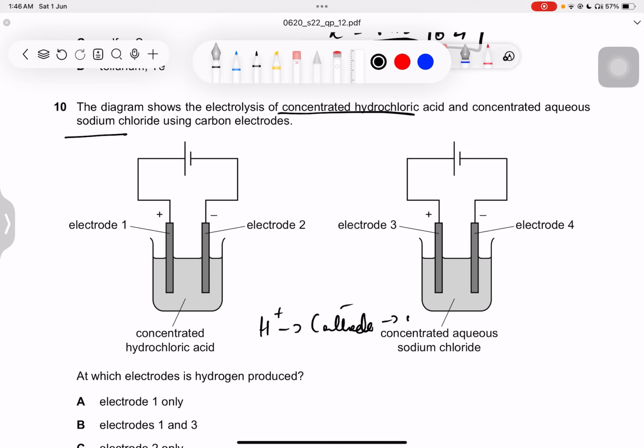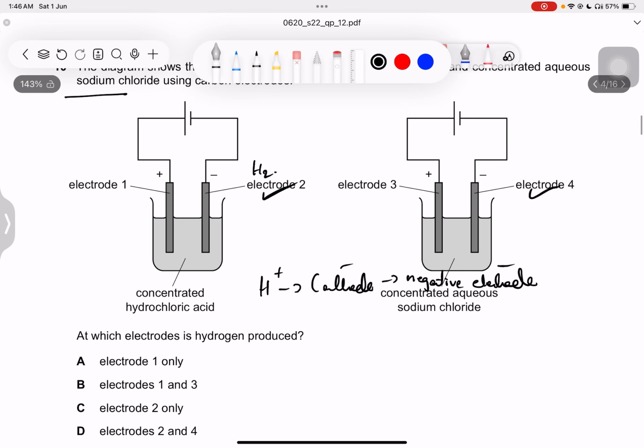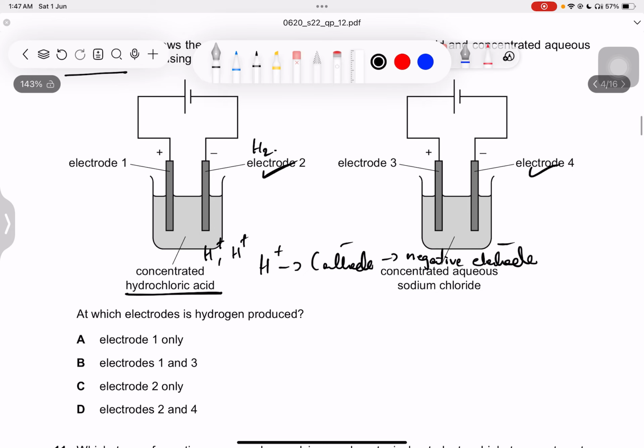Cathode is the negative electrode, so either electrode 2 or electrode 4. In concentrated HCl, obviously we only have H plus ions of water and H plus ions of the acid. So it is definitely produced at 2, and not produced at 1 and 3.